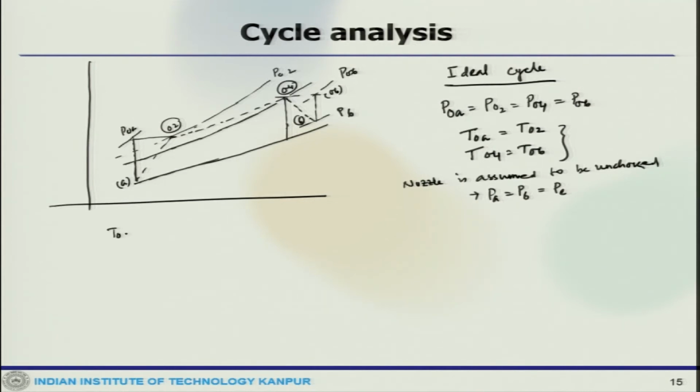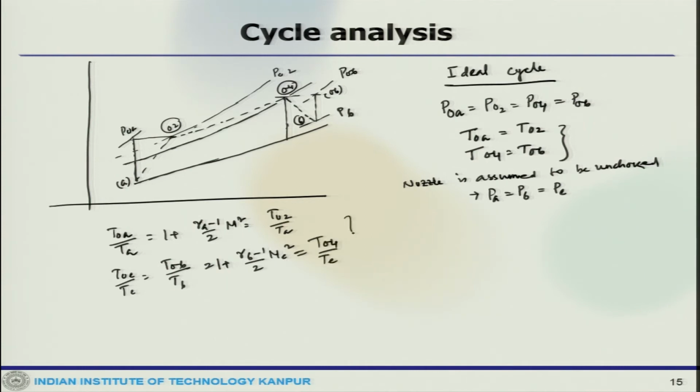So, what we will write: T naught A by T A is 1 plus gamma A minus 1 by 2 M square, which is T naught 2 by T A, and T naught exit by T E, which is T naught 6 by T 6, 1 plus gamma 6 minus 1 by 2 M E square, equals T naught 4 by T E. And similarly, we can write for the pressure: P naught A by P A is 1 plus gamma A minus 1 by 2 M square to the power gamma A by gamma A minus 1, and P naught 6 by P E is 1 plus gamma 6 minus 1 by 2 M E square to the power gamma 6 by gamma 6 minus 1.